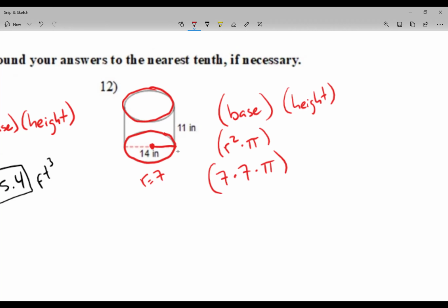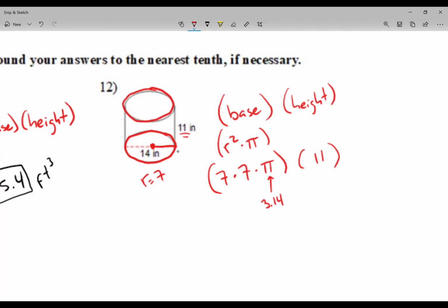Whatever I get for the area of the base, I'm going to multiply this by 11 because the height of this cylinder is 11. Now, for the number pi, my instructions say to use 3.14 for pi. So I'm going to grab my calculator. I'm going to go 7 times 7 times 3.14 times 11.